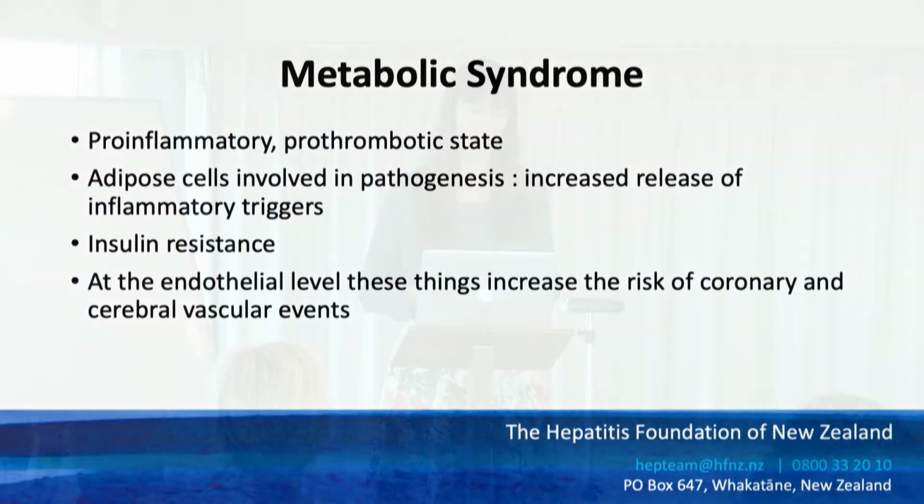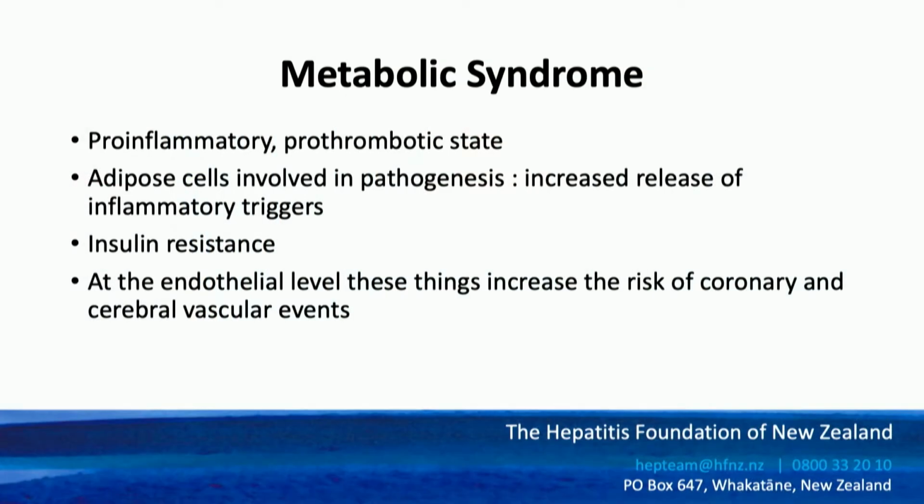When you think about diabetes and hypertension, you're not really thinking inflammation, but at the cellular level, the metabolic syndrome really is a pro-inflammatory condition. When you have central obesity, you have fat cells in your subcutaneous tissues or in your abdomen, and those adipose cells previously were thought to be relatively inert, but actually they have a key role in the physiology of the cytokines and the inflammatory process that's going on, which leads to insulin resistance.